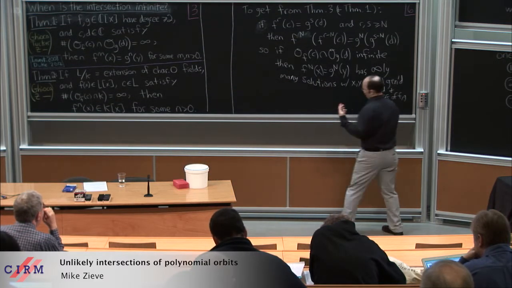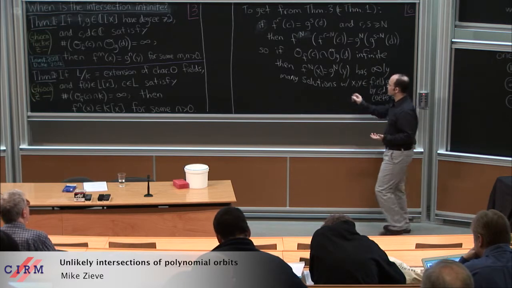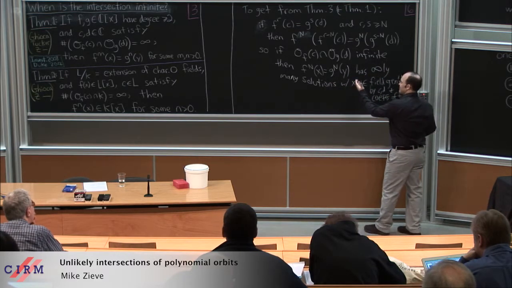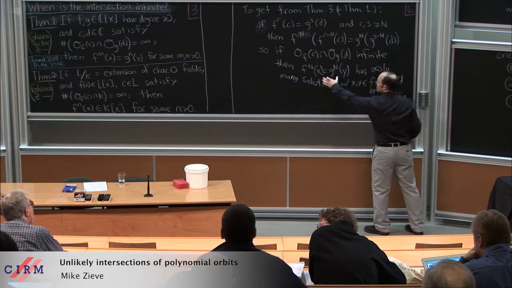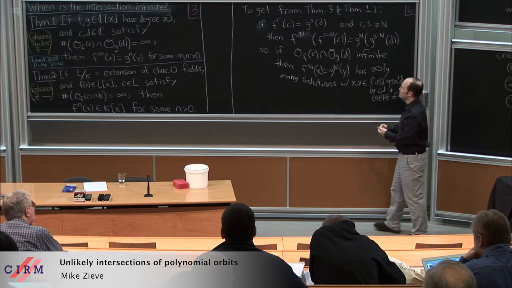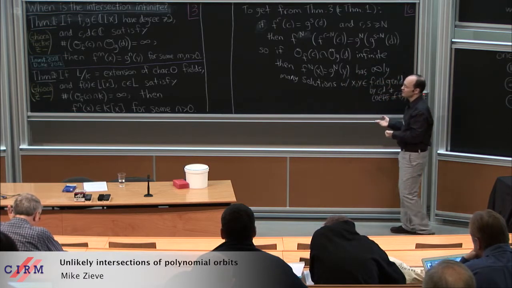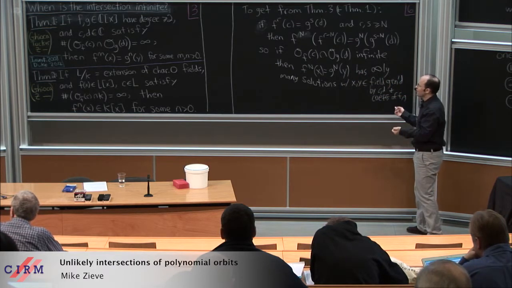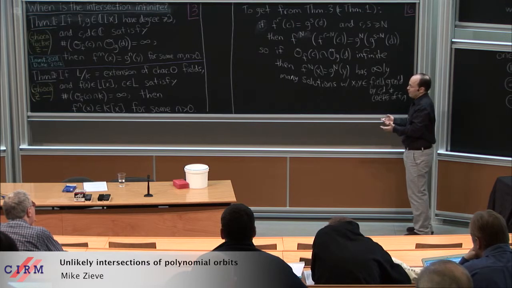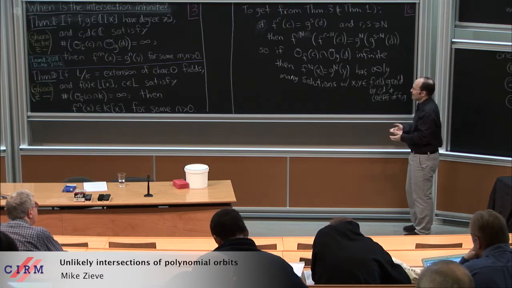by Faltings' generalization of Faltings' theorem, if you split this up into components, you get finitely many components, and Faltings' generalization says that one of them must be a curve of genus 0 or 1.